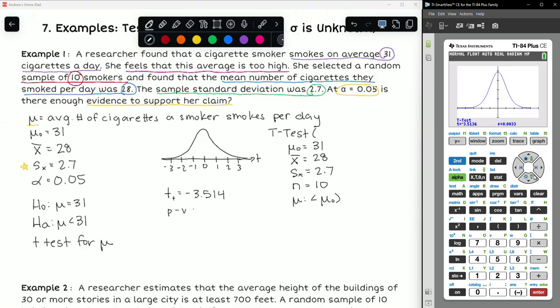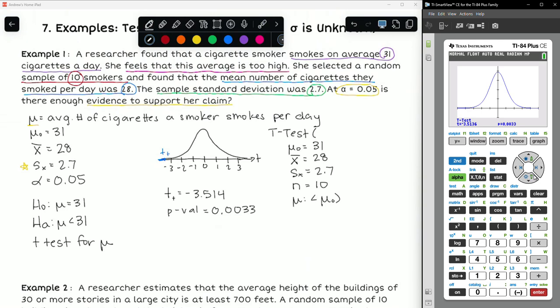And I have a p-value of 0.0033. And I can see from my calculator that that negative 3.5, that's way out here in that direction. Which makes sense because I can see that my p-value, the area or probability in that tail, is very small.